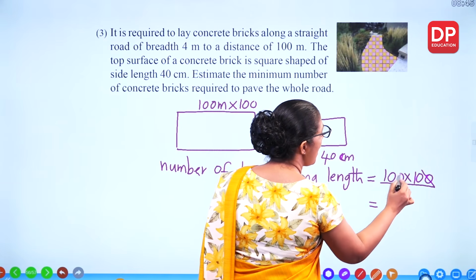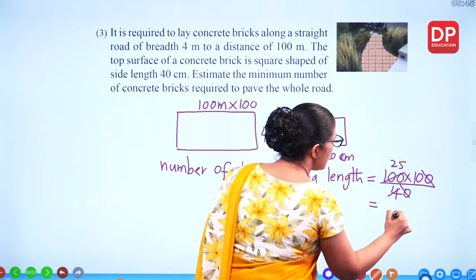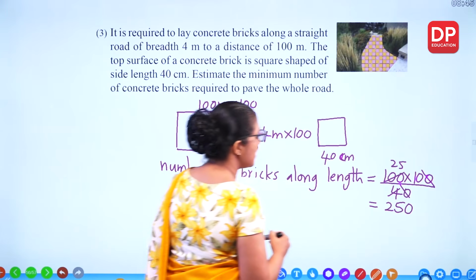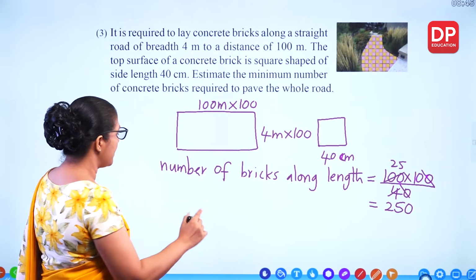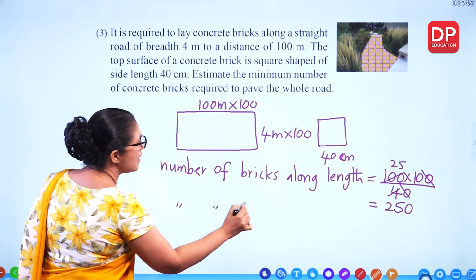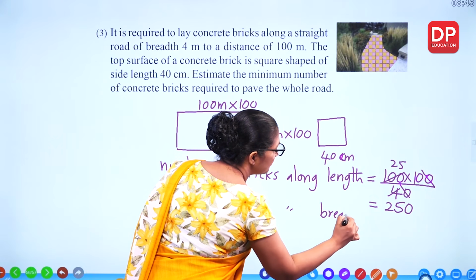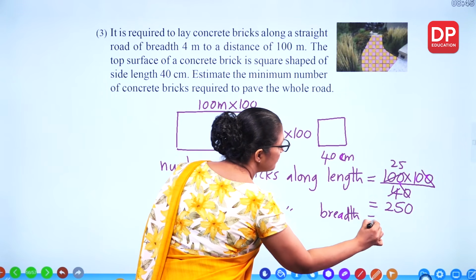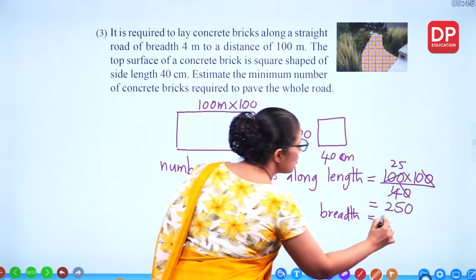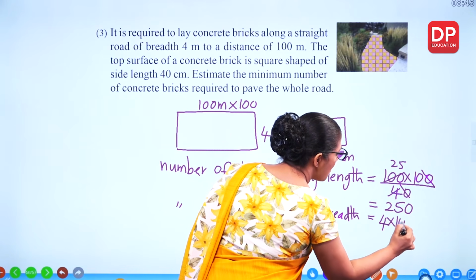This is 25 times 10, 250 bricks along length. Number of bricks along breadth. 4 into 100 is the breadth.